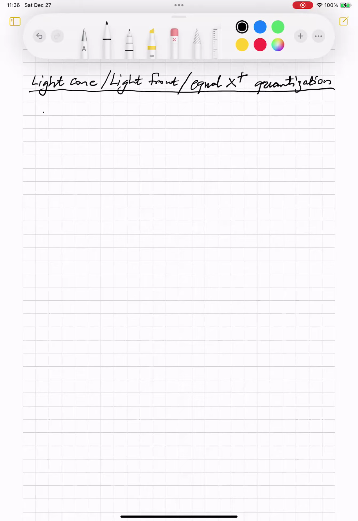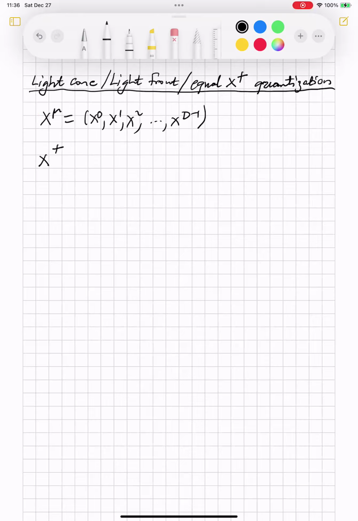So if we were in d dimensions, x mu, we would have x naught, that's time. Then we would have x1, x2, going all the way up to x d minus 1. So there are d minus 1 spatial coordinates. And then we're going to introduce light cone coordinates.